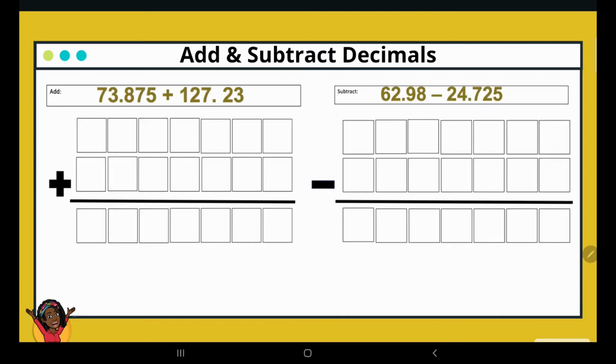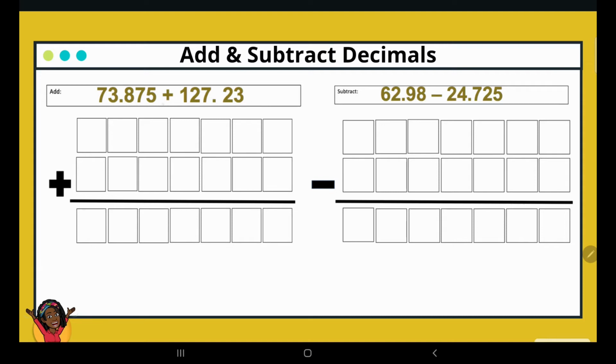Now, for those of us who may struggle with lining up our decimals, this is an organizer that we can use to help us keep our numbers organized. So in the first one, I have 1, 2, 3, 4, 5, 6 places. So I'm going to start from the right-hand side and then fill in all the way. Okay, in the second one, I have 1, 2, 3, 4, 5, and behind my decimal, I have 2 places, and here I have 3.